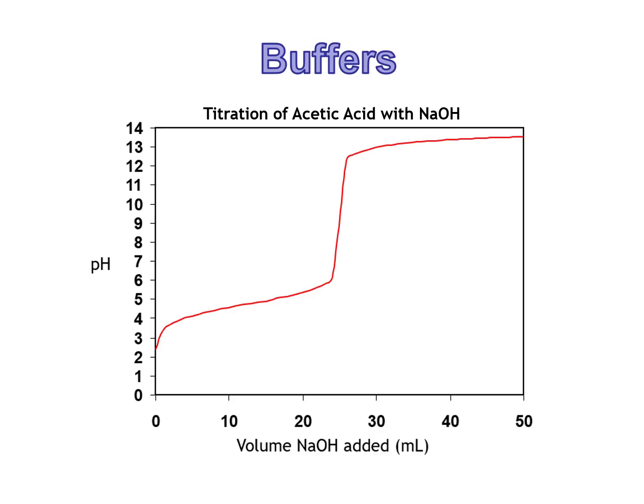All right, so the next part of this lesson is to talk a little bit about buffers. When you are titrating acetic acid, which is a weak acid, and you can tell that because the pH at the equivalence point is above 7, we see that even though we're adding lots of sodium hydroxide, going from 5 milliliters almost all the way up to 25 milliliters, the pH really hasn't changed that much.